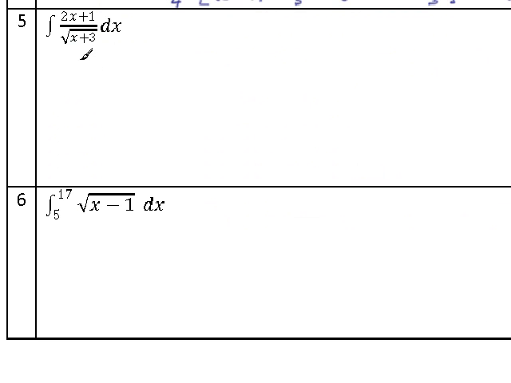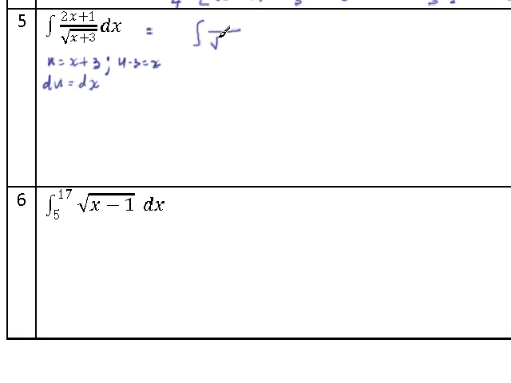Here we have another linear substitution. We'll put u equal to x plus 3. du is equal to dx. And we have to solve for x as well. So we have u minus 3 is equal to x. So now we're ready to substitute.